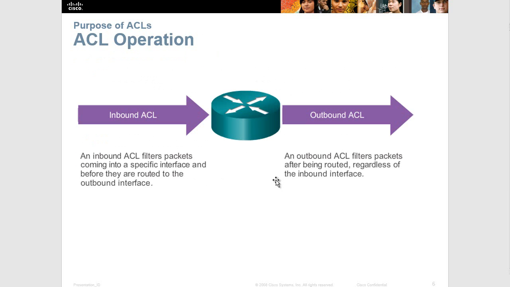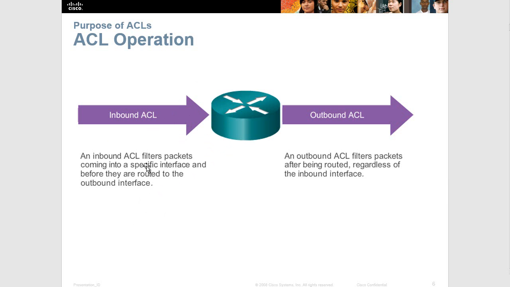These access control lists can be applied on either an inbound interface or an outbound interface, and there's a reason why you'd use one versus the other. If you apply an access control list on an inbound interface, the router will make a decision based on packet filtering before it looks up the destination in the routing table, and then decide to permit or deny traffic.